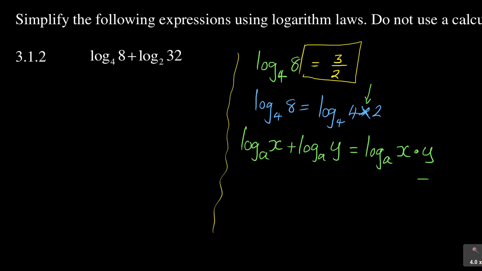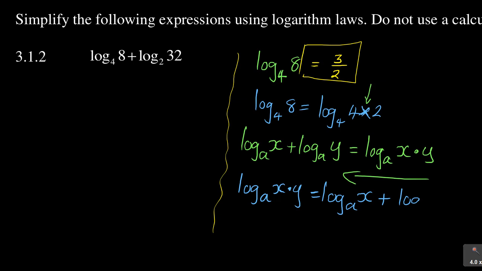Now if I read this law in this direction, I will read it as log in base A of x times y is equal to... So it means when I have a base A and x is multiplying y, I can separate it as log A of x plus log y in base A. So you can see now that when there is a multiplication sign, it is the same as adding the two logs.